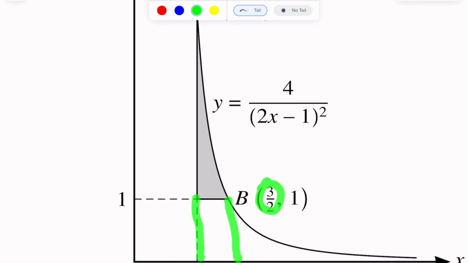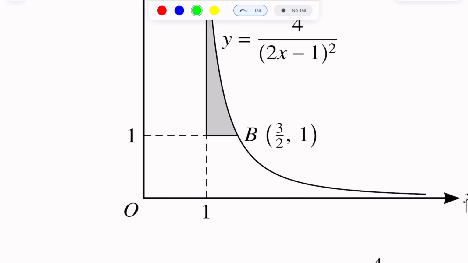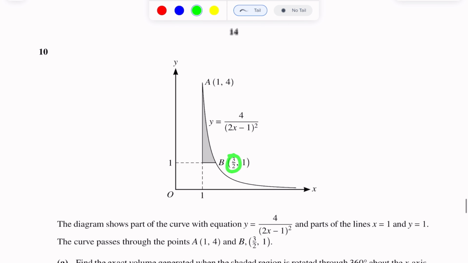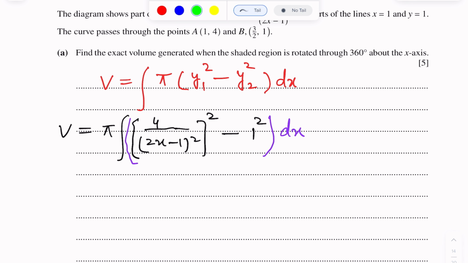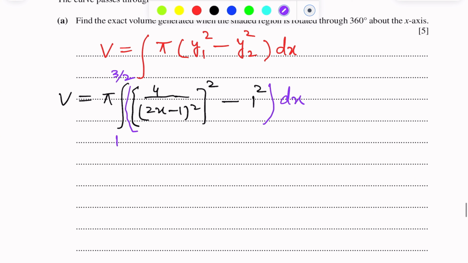We will take limit along x-axis. The x coordinate of B is this 3 over 2 and this point is 1. So limit will be 1 to 3 over 2. Writing here the limit 1 to 3 over 2. Now we will simplify it first, then we will integrate.